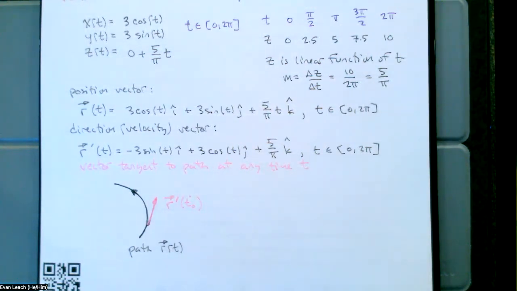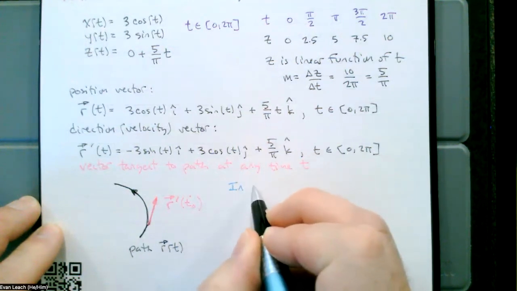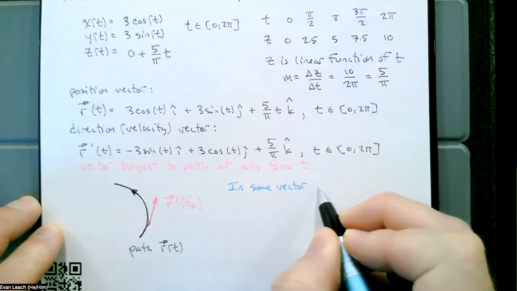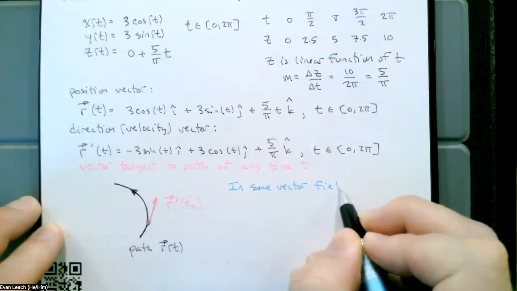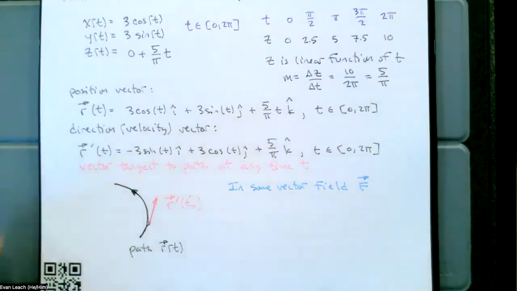If this is sitting inside of a vector field, if all this is taking place in some vector field, then at this point, there's a vector from the vector field.